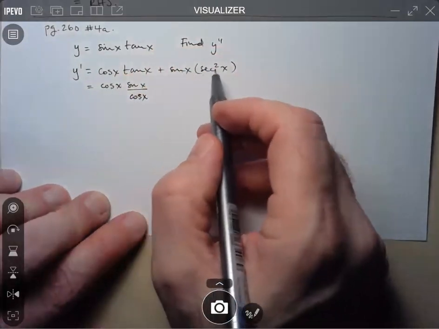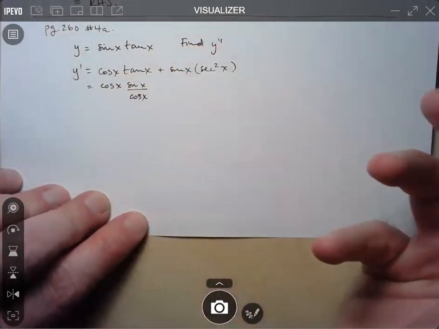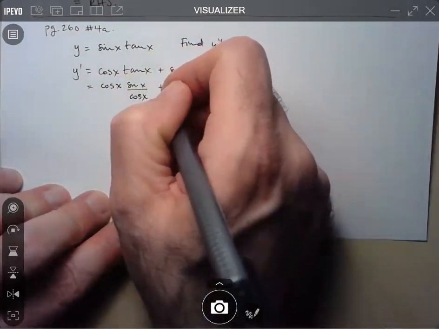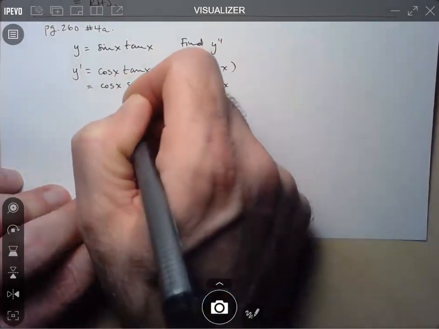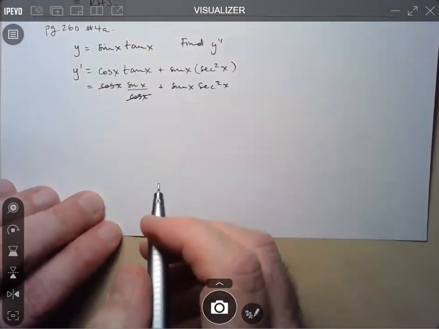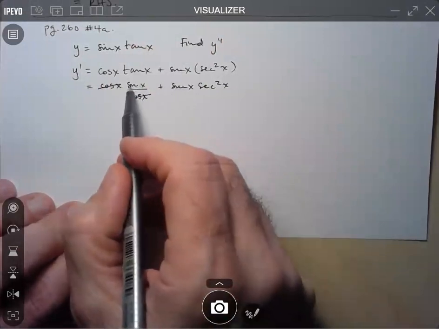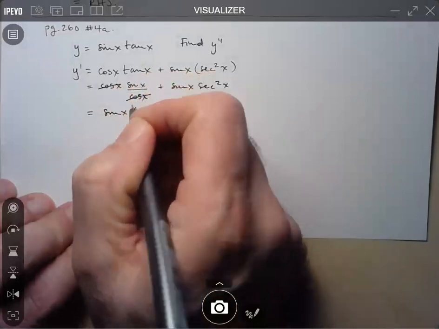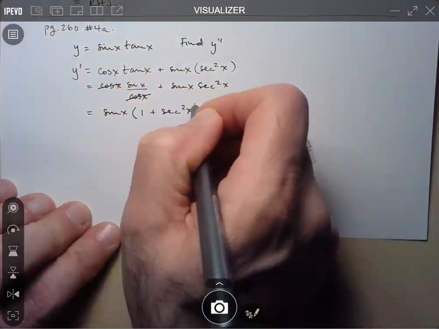I could put this secant squared as 1 over cos squared, but I don't know that I'm going to gain much from that. But here I definitely get to simplify my life. And even better, I see that there's a common factor of sine x, and I'm just left with 1 plus secant squared x.